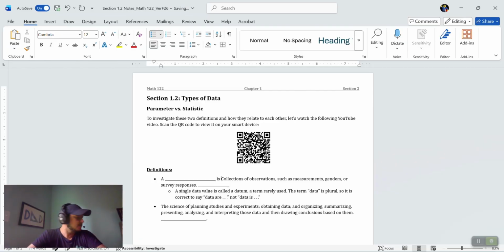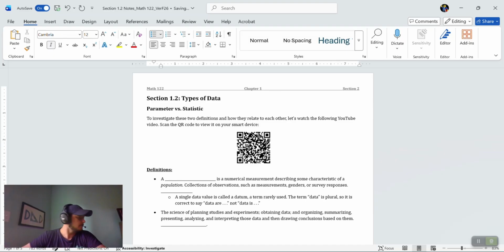Okay, is a numerical measurement describing some characteristic of a population. All right, that's our first definition.